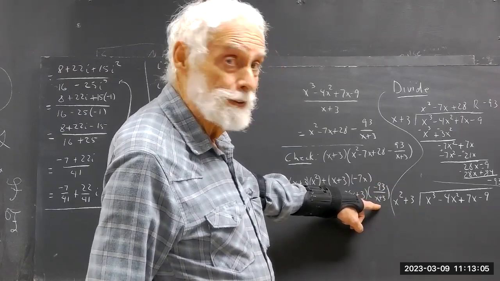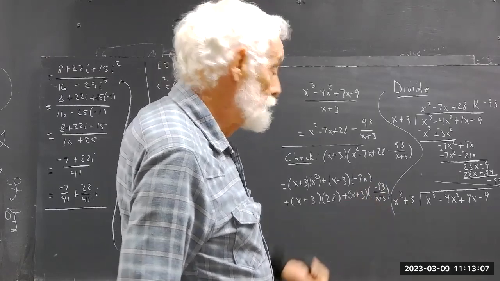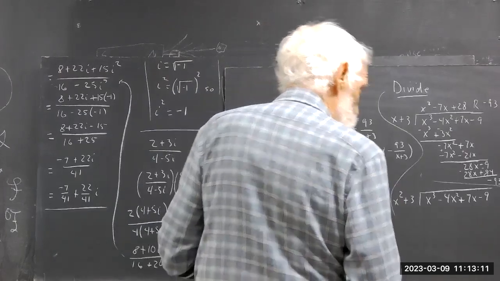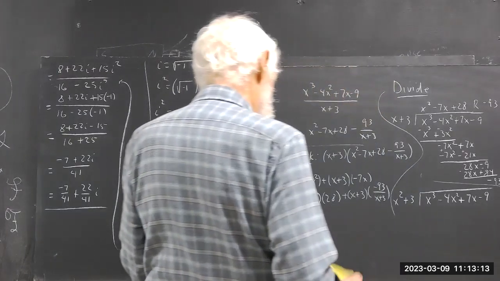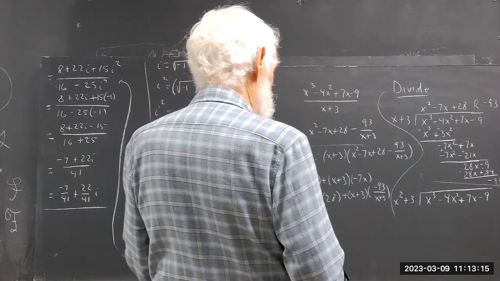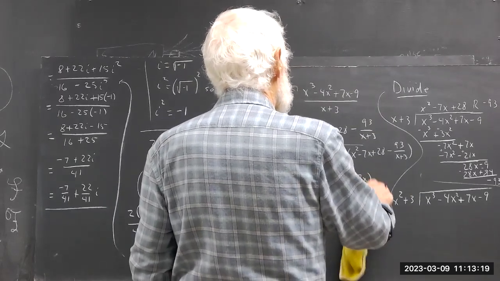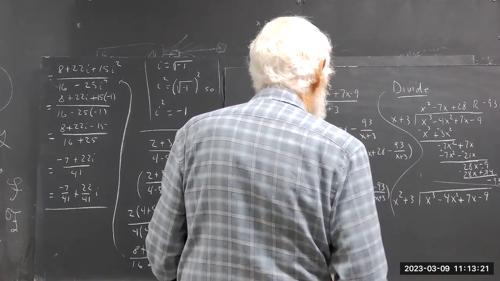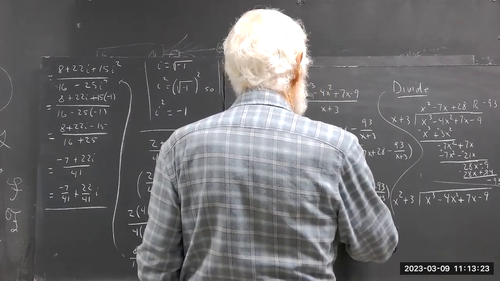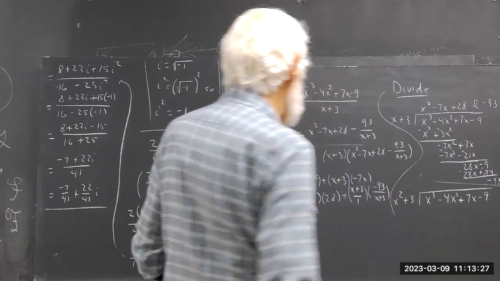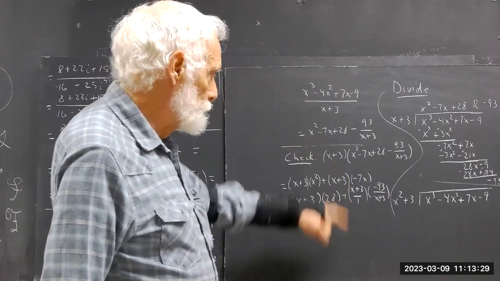What's that suggest? Probably suggests you want to cross these out, but I don't like crossing them out because people cross things out wrong. So I'm going to write x plus 3 as x plus 3 over 1.